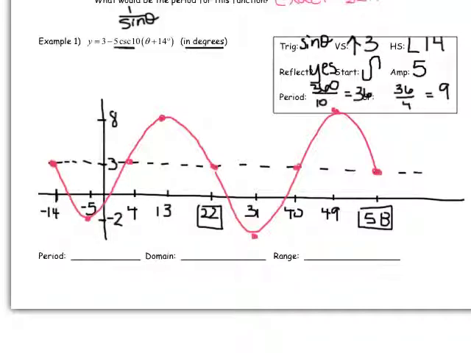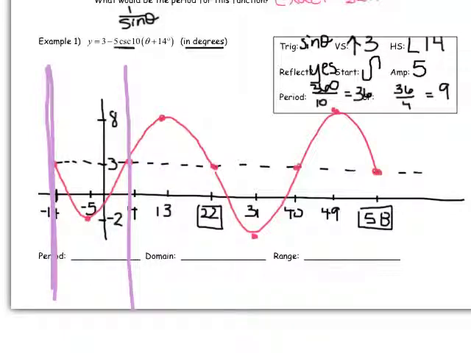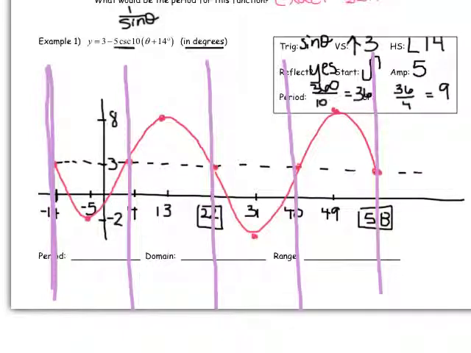So let's mark our vertical asymptotes. These absolutely have to be marked for me to see. This is one of my vertical asymptotes at negative 14. This is a vertical asymptote at positive 4. This is a vertical asymptote at 22, at 40, and at 58 is the last one.